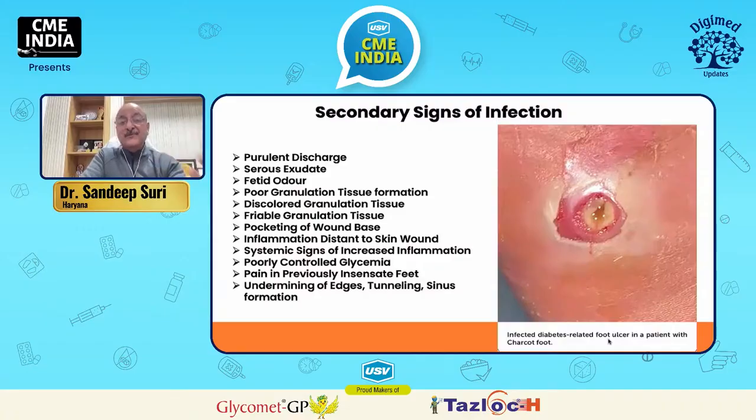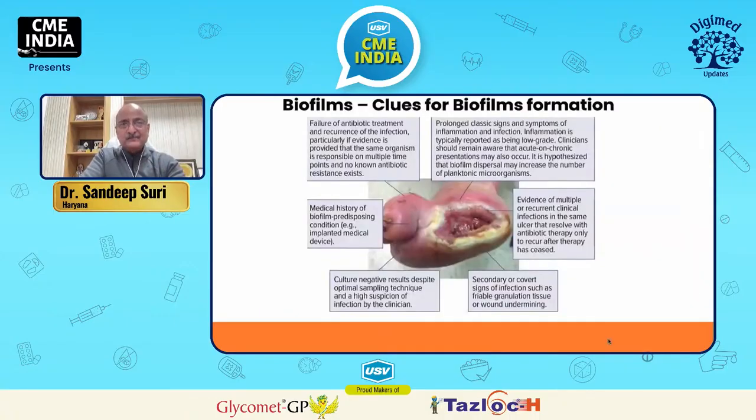Systemic signs of inflammation also, undermining of edges, tunneling, sinus tract formation, and deeper tissues being involved. So that clearly indicates these are severe signs of infection, secondary signs of infection, and never to miss all these.